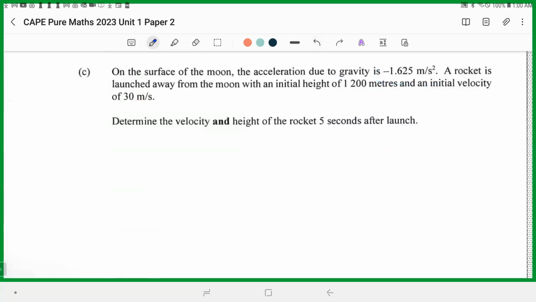A rocket is launched away from the moon, so gravity is going to act on it, with an initial height of 1,200 meters, so it's 1,200 meters off the ground, and an initial velocity of 30 meters per second. So when it is launched, it has a velocity of 30, but this acceleration is acting on it.